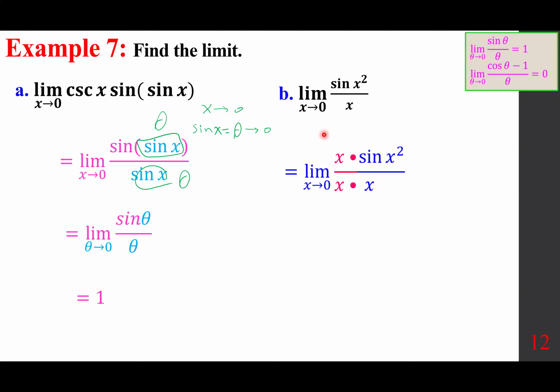And I can take this x out and put two different limits: the limit of x as x approaches 0 and the limit of sine x squared over x squared. Because x is approaching 0, so does x squared. This one and this one and this one must be the same.